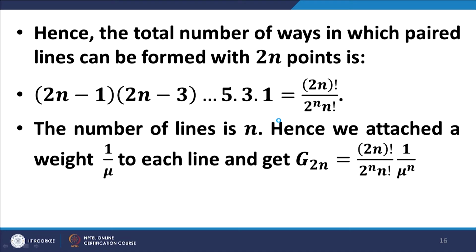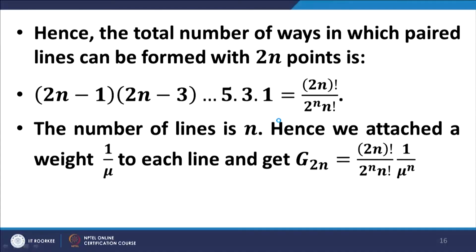First point connected to 2n minus 1 points, then two of the total 2n points are exhausted. We now have 2n minus 2 points left. We select the 2n minus 2th point, that is connected to any one of the 2n minus 3 points.